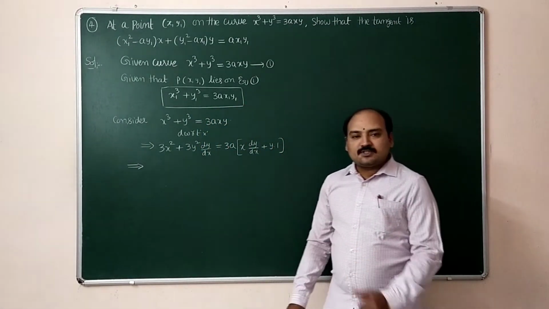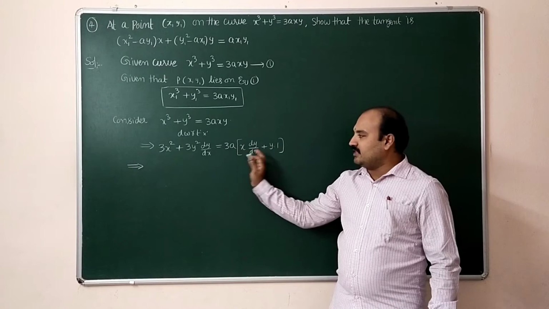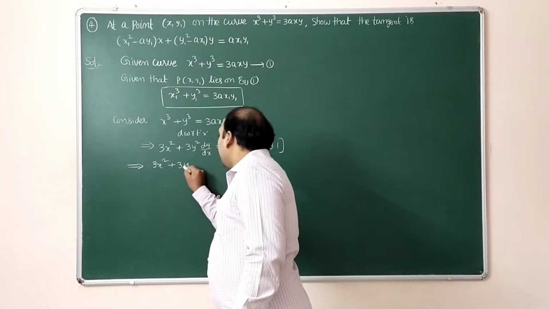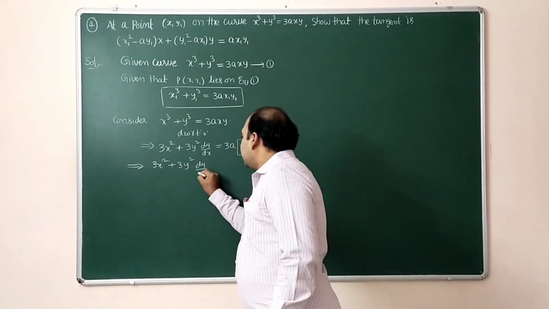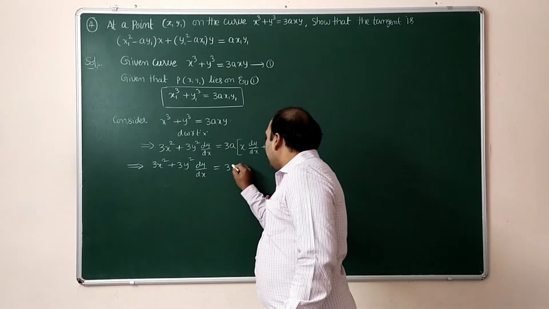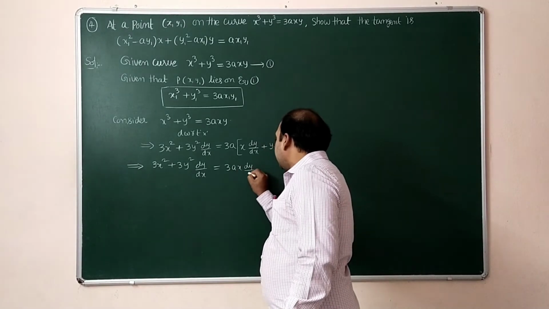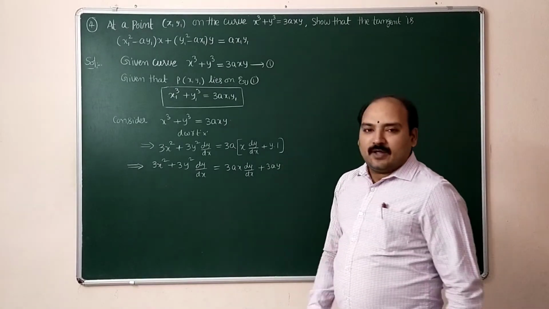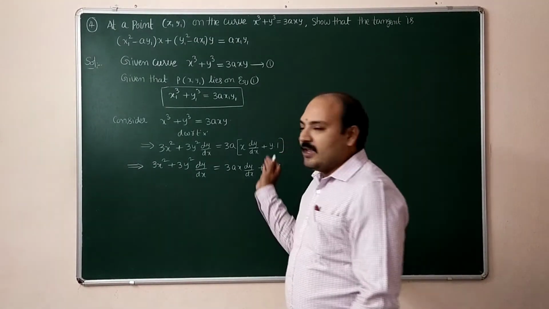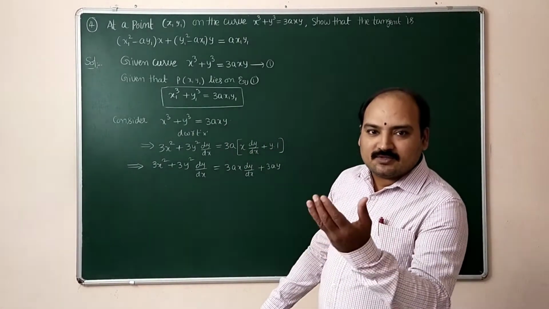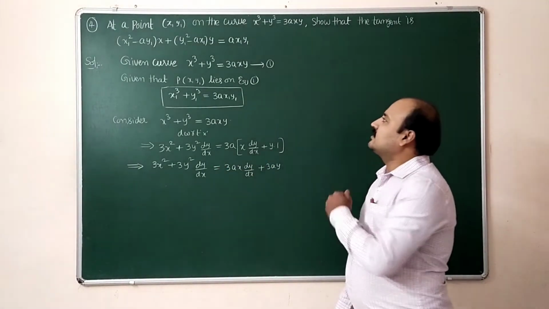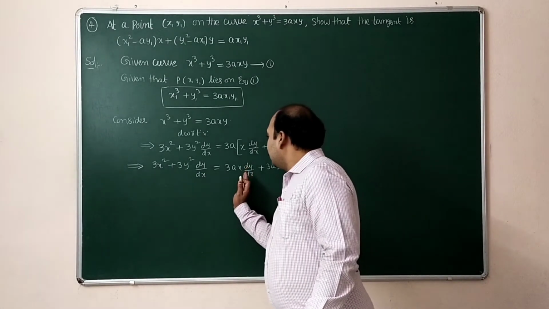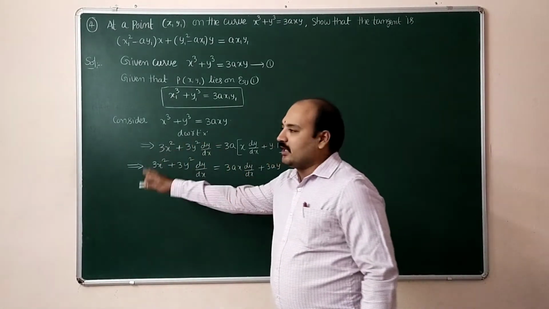Now, multiplying each and every term by 3a: 3x square plus 3y square into dy by dx is equal to 3ax into dy by dx plus 3ay. Now the terms containing dy by dx on one side and the terms not containing dy by dx on the other side. So 3ax into dy by dx I am taking to this side.